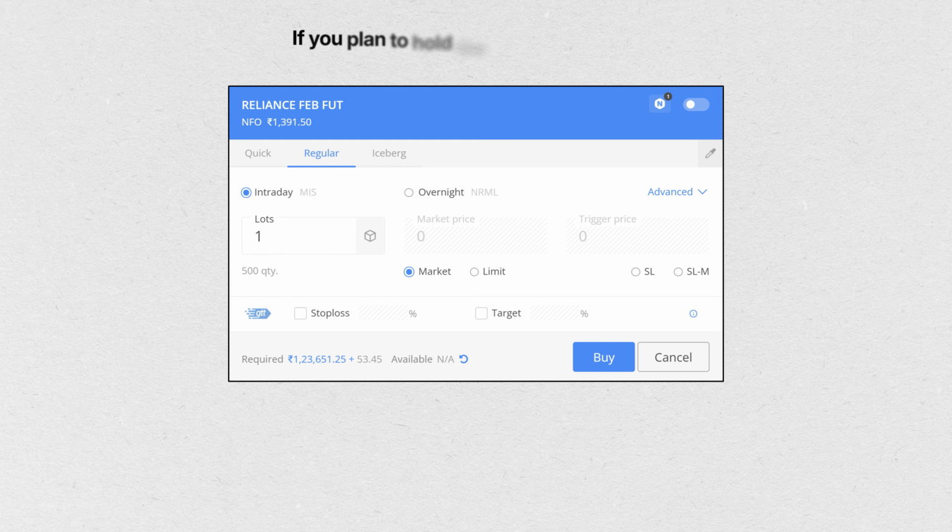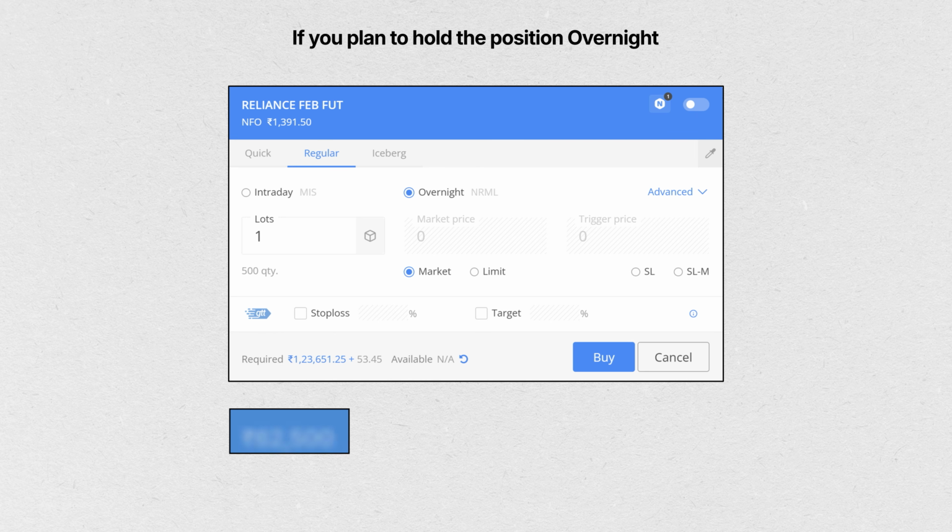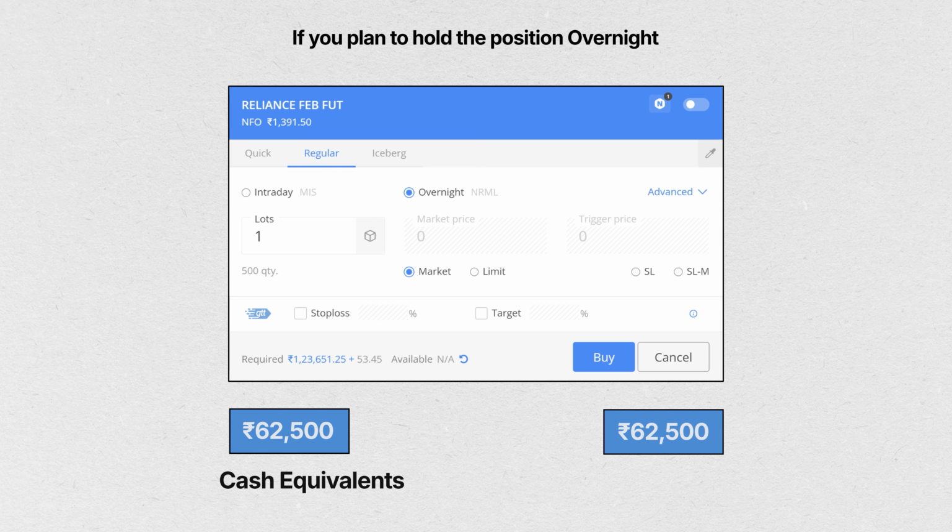However, if you plan to hold the position overnight, the rules change. You must have 50% of 1.25 lakh, that is 62,500 approximately, in cash or cash equivalents, and only the remaining 62,500 of the margin requirement can be met using the pledged collateral.